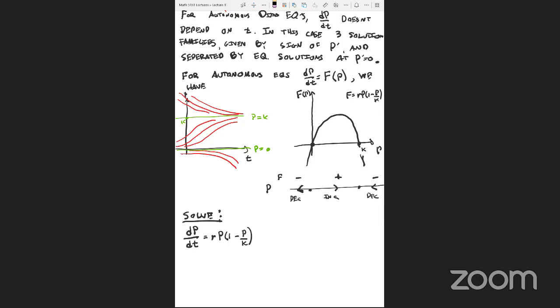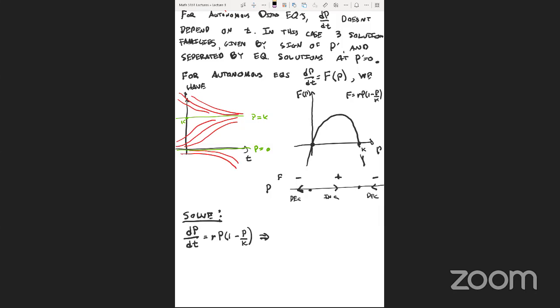Guessing and checking isn't going to work here. Integrating factors aren't going to work here because we have higher values of p. Direct integration isn't going to work because we don't have a total derivative, and so separation of variables is going to be it.